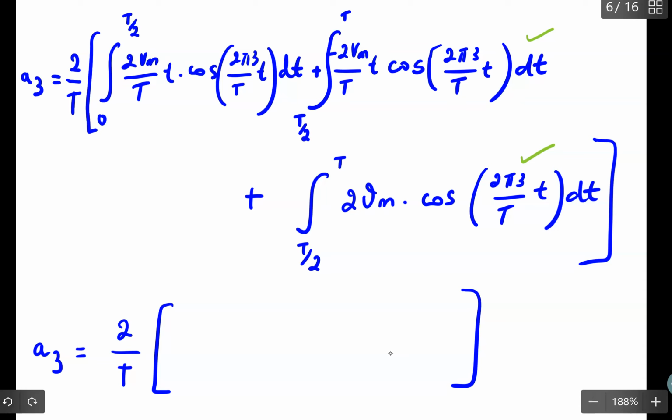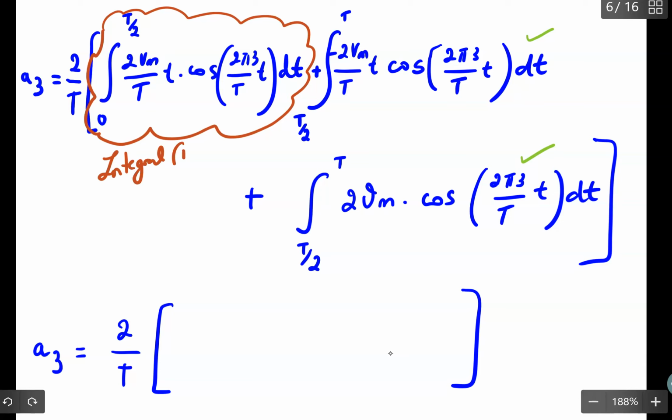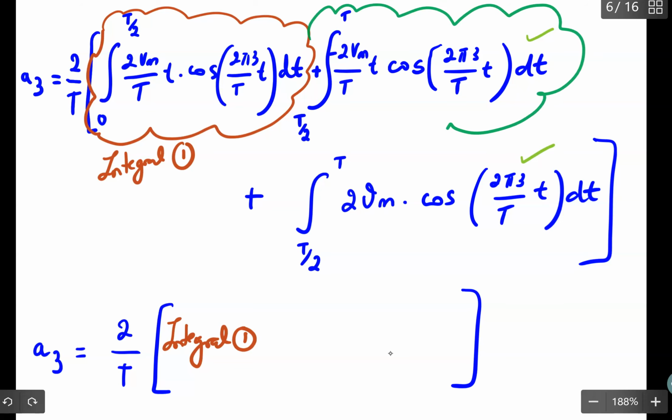I will take this one as integral 1, and then I add this with integral 2. Let's use this color here, so this is my integral 2.